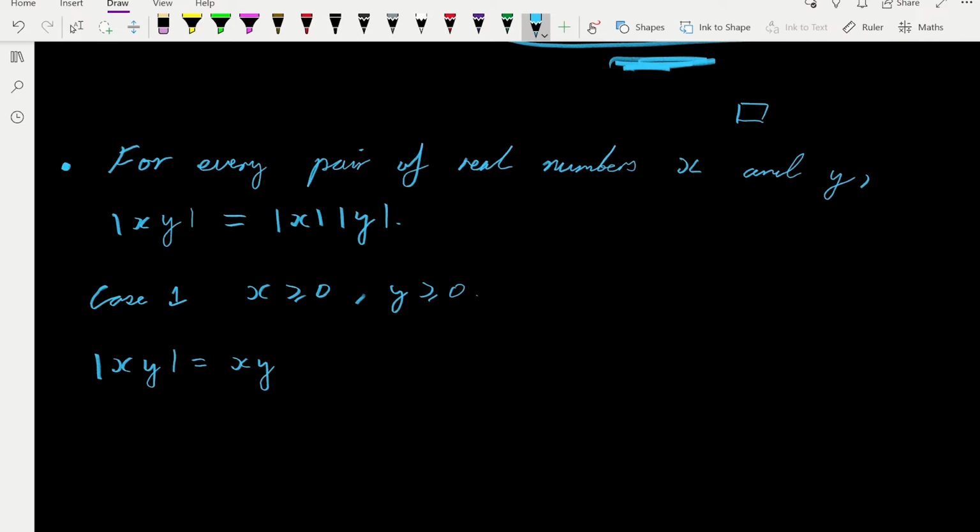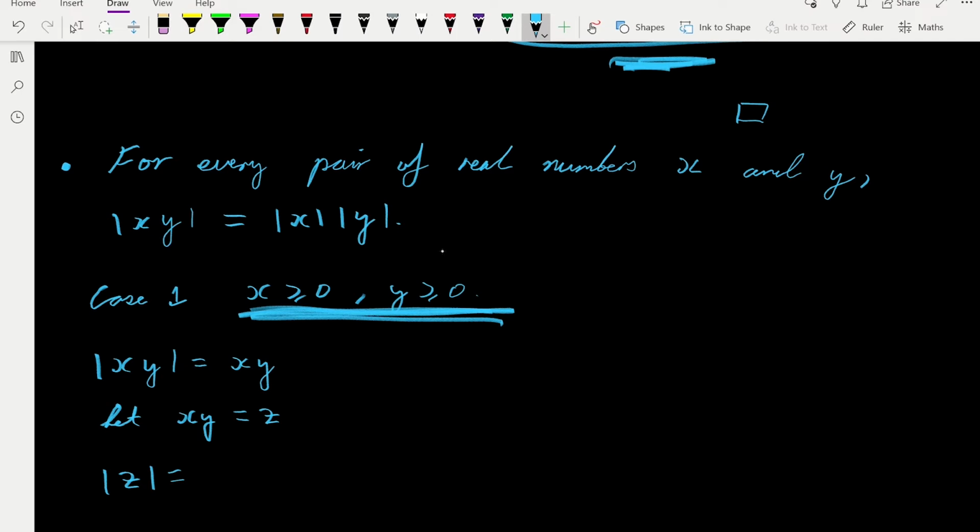All right, if it's a bit unclear why we can just drop the absolute value bars and say that, let's just imagine we said first that, let x times y equal z, okay? Then we'd just be saying, well, the absolute value of z equals, or what does it equal? Then we'd be looking at the definition. And this would be the case where since both x and y are greater than or equal to 0, well, positive times a positive is going to be greater than or equal to 0.